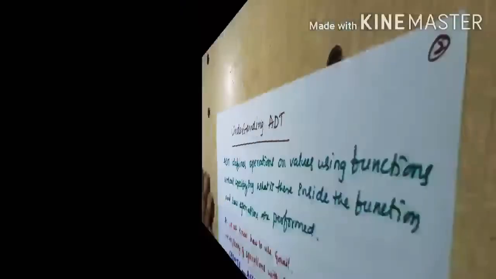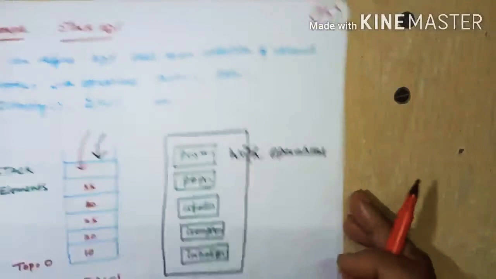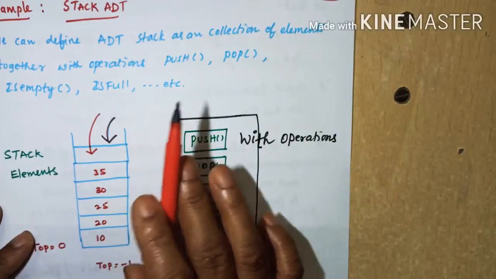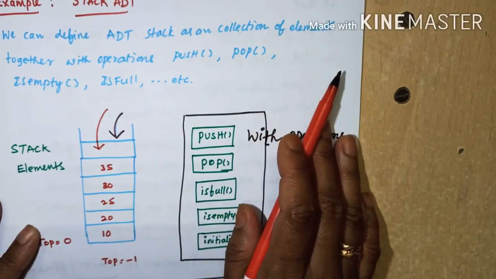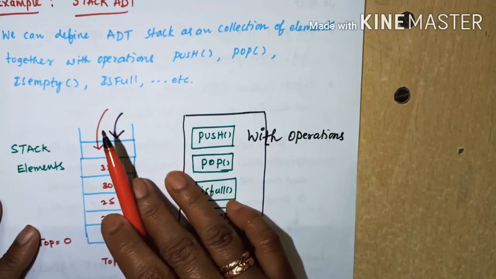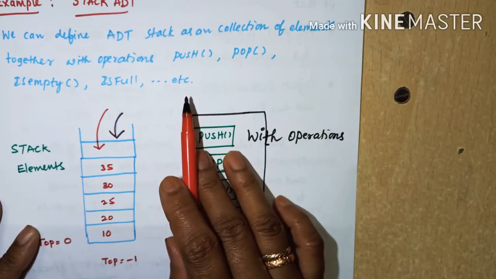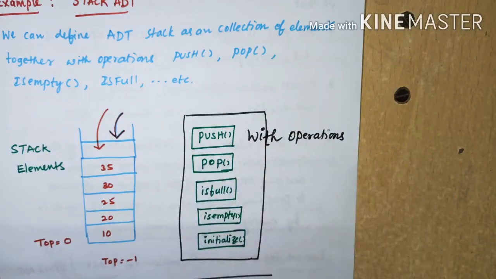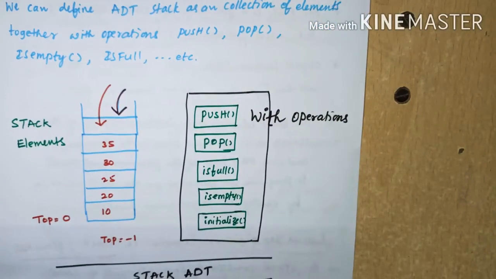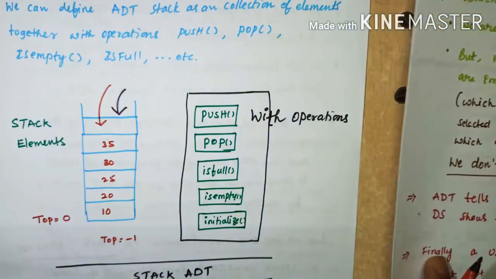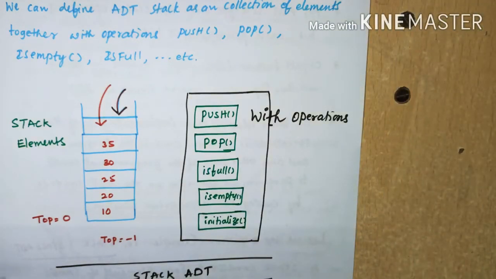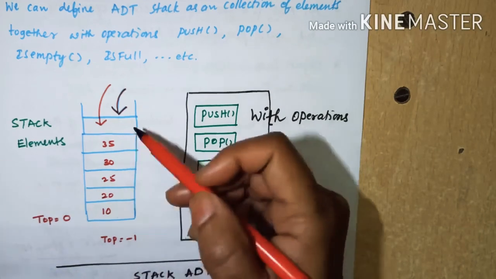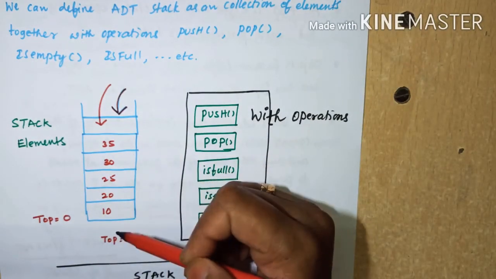Let's see a stack ADT. We can define ADT stack as a collection of elements together with operations push, pop, is empty, is full, etc. So look at the picture clearly. See here, I wrote a set of data elements.